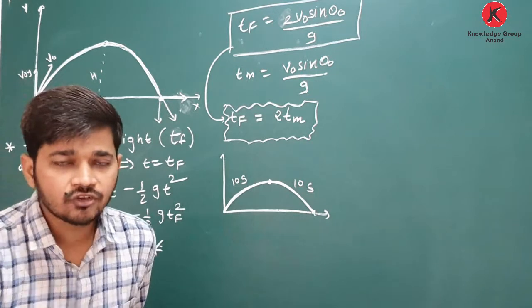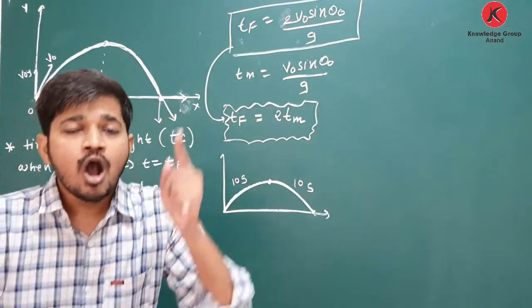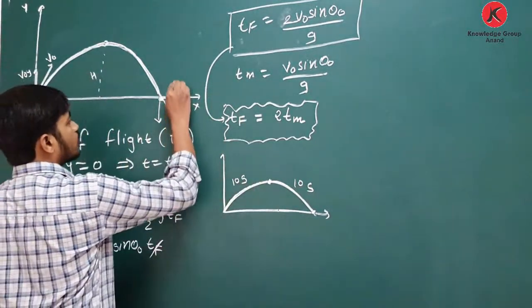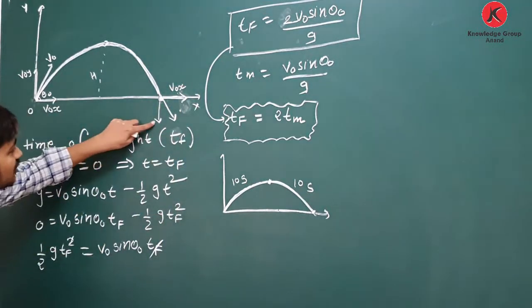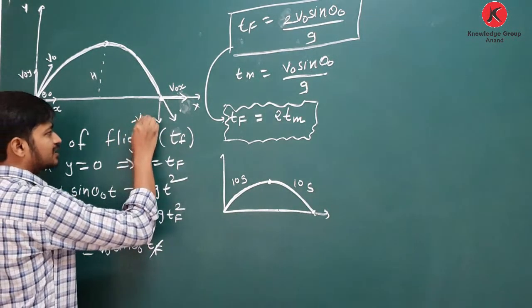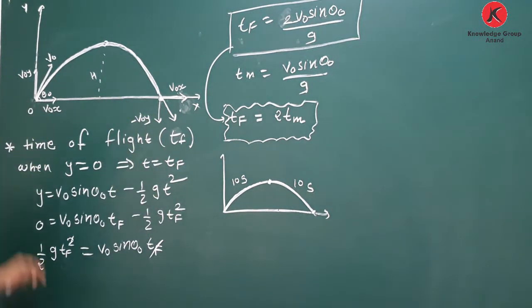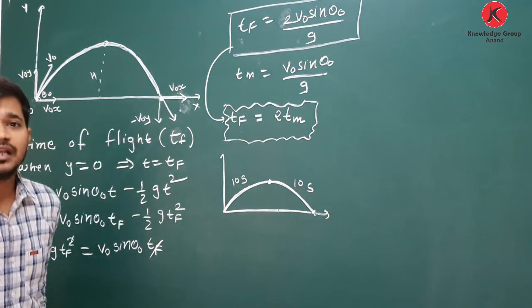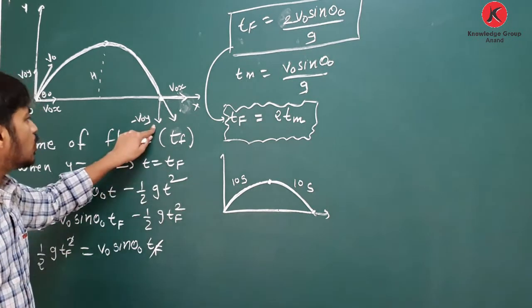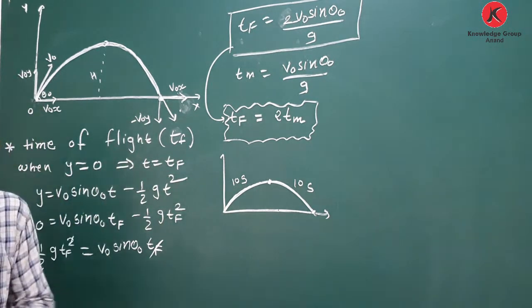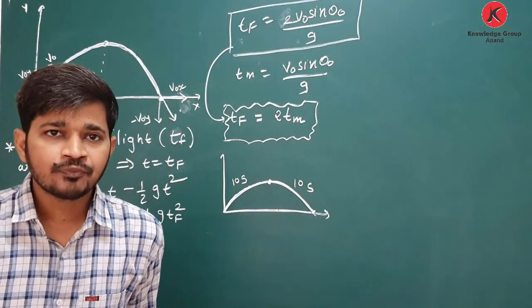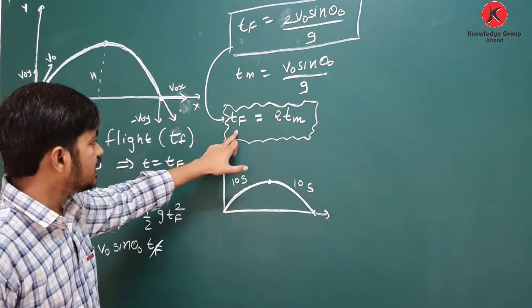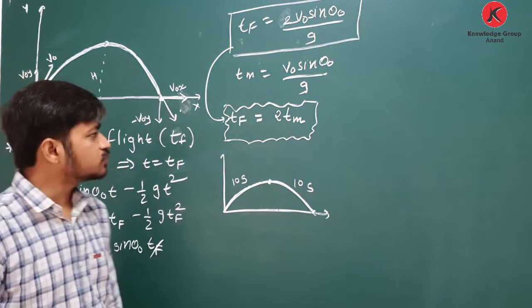In the last lecture we discussed that at every point the horizontal x component of velocity remains the same, so this component is v0x. But what about this component? It is minus v0y. Here it is v0y, and here it will become minus v0y. Clear about this? So yes, you have to remember this point. It is about time of flight. You have to remember this equation: Tf is equal to 2 times the time to reach maximum height.